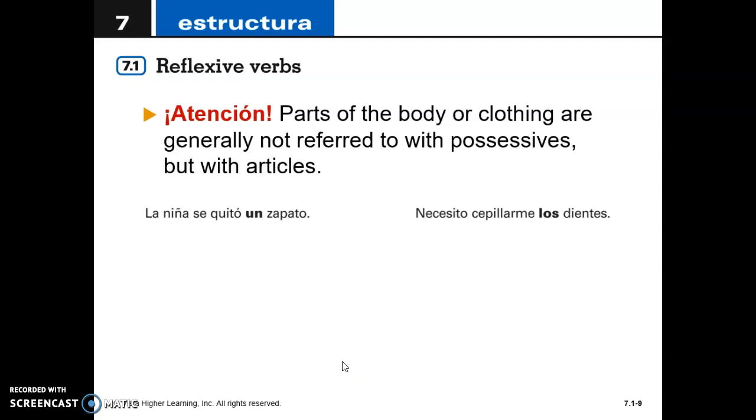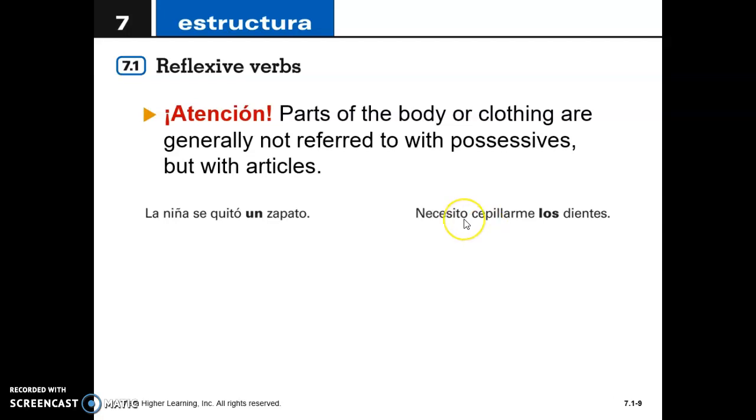La niña se quitó un zapato. Necesito cepillarme los dientes. We usually don't use the possessive. So what it means in here is that we don't really say I need to wash or brush my teeth. I need to brush my hair.